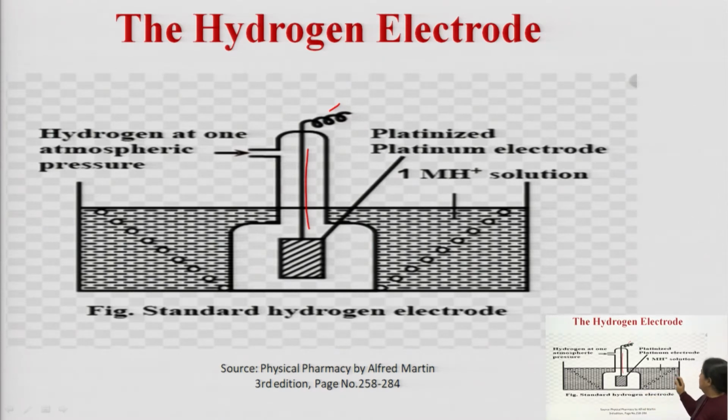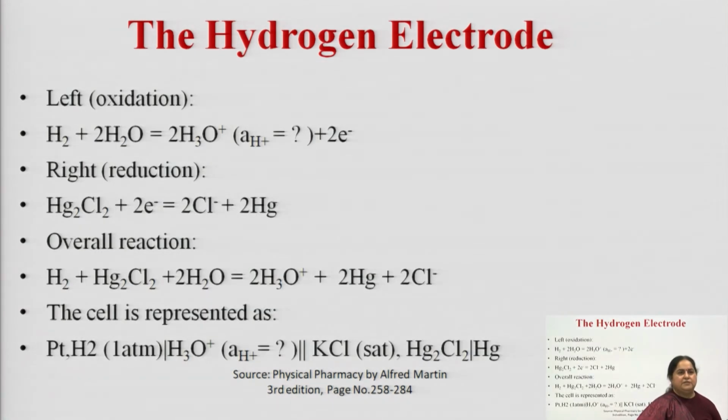So, this is the hydrogen electrode, and here we have a 1 molar solution that can give hydrogen ions. The potential of the hydrogen electrode depends on the hydrogen ion concentration, so it is suitable for the determination of pH.